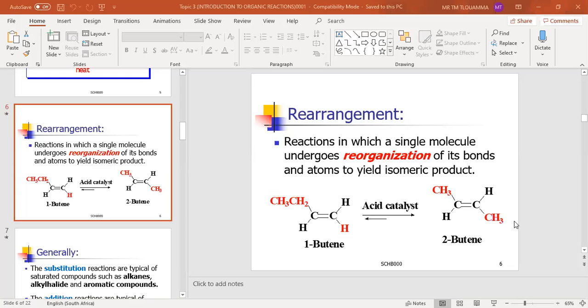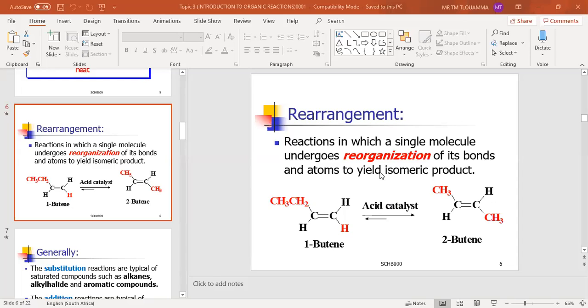I hope you understand. Do you have any questions so far? Because I think the organic reactions end here on the rearrangements.